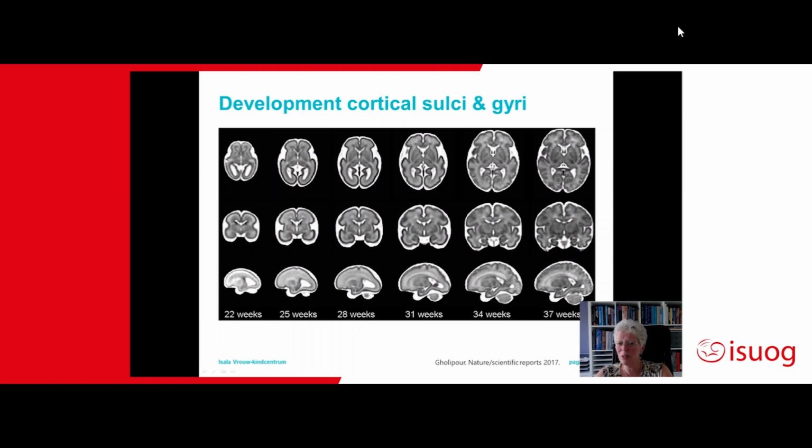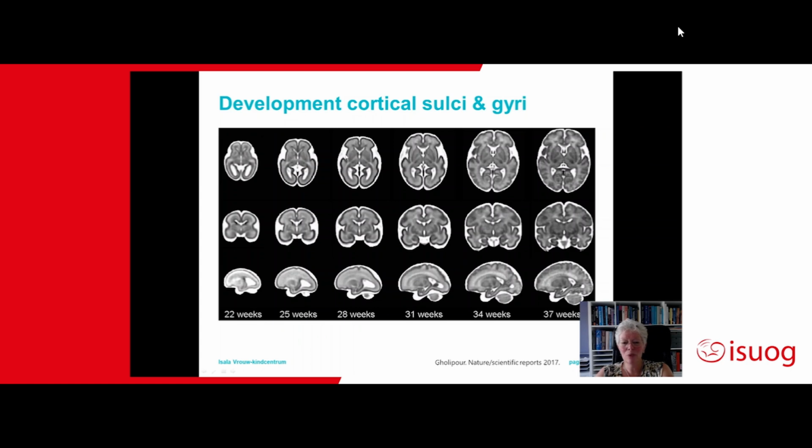Here we have fetal MRI pictures, where you can see the axial views, here we have the coronal images, and here we have the parasagittal images. And here you can see that at 22 weeks we have the Sylvian fissure over here, which is a small indentation.